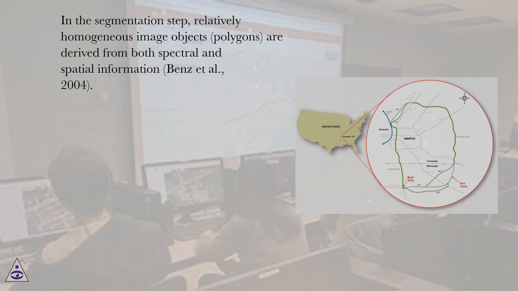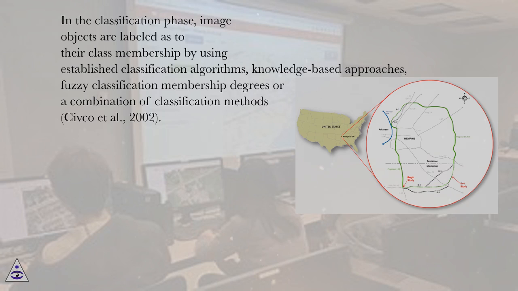In the segmentation step, relatively homogeneous image objects, polygons, are derived from both spectral and spatial information, Benz et al., 2004. In the classification phase, image objects are labeled as to their class membership by using established classification algorithms, knowledge-based approaches, fuzzy classification membership degrees or a combination of classification methods, Sivko et al., 2002.